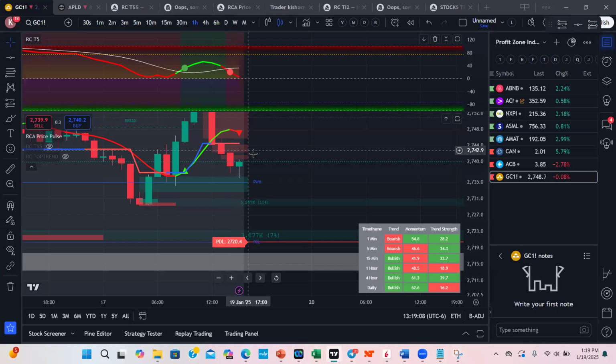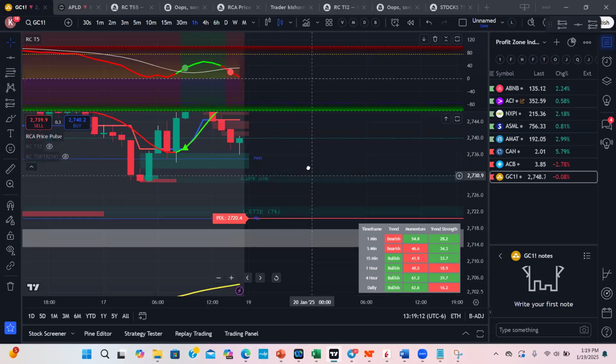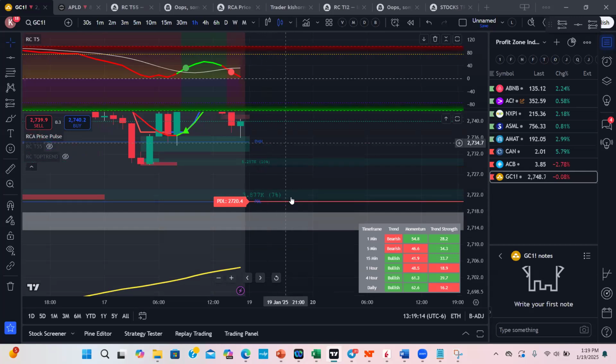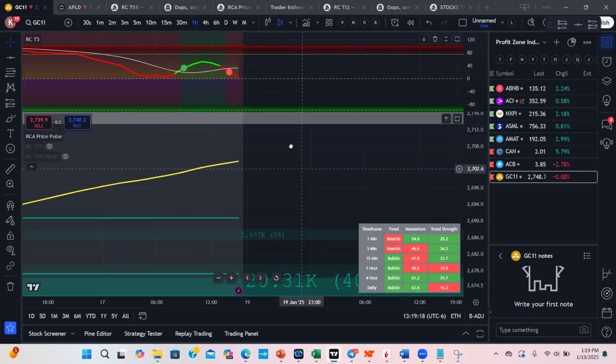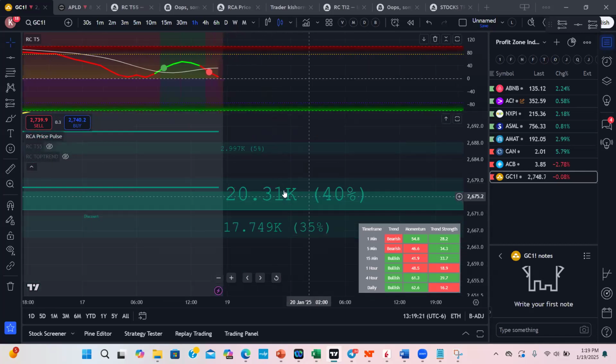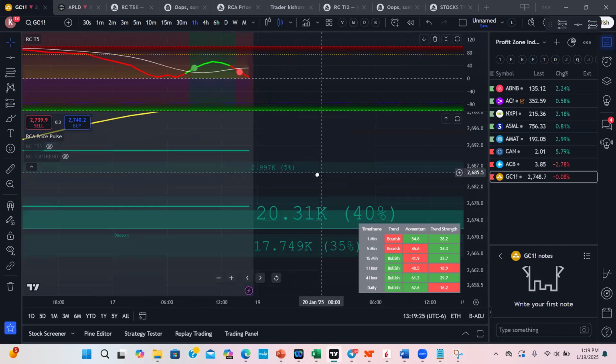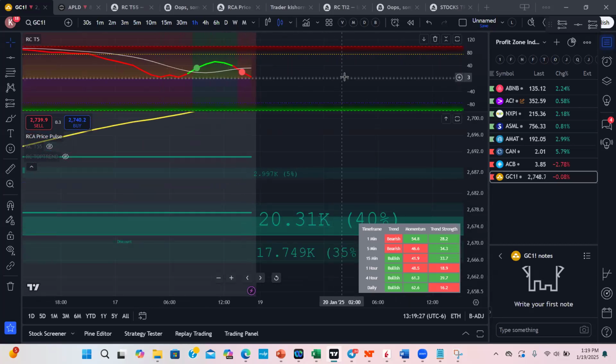And then it will go up and then drop. There is a buy order block, it may go up and then drop. Finally, it will touch the previous day low and then there can be a bounce. But yeah, it may come all the way to 2675 in the next 1 week or 10 days because it should come all the way to the bottom. Overall, sellers are in control now.